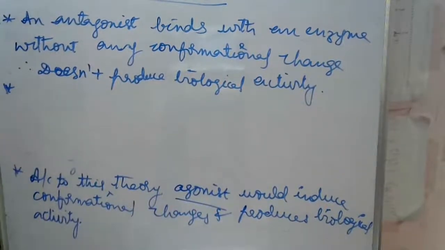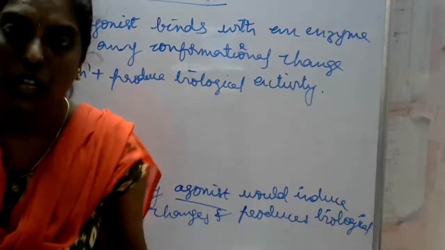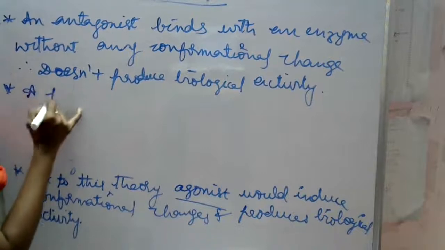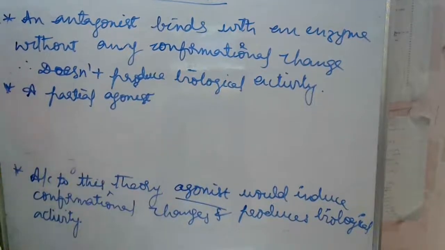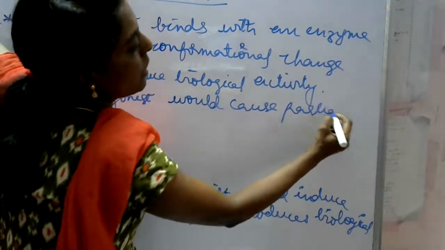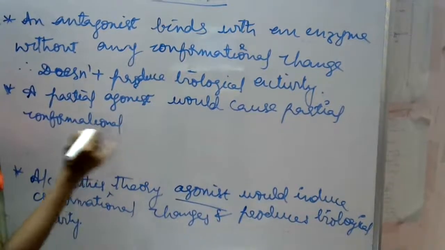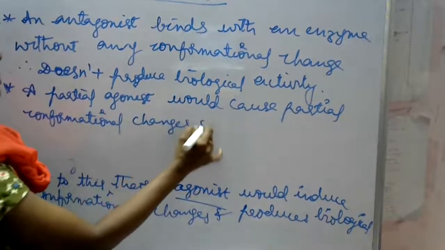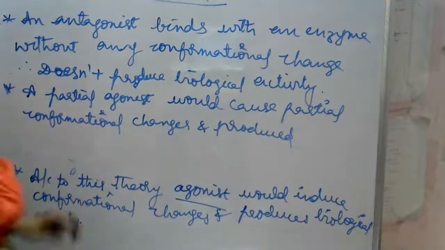Next, a partial agonist would cause partial conformational changes and produce a partial biological response.